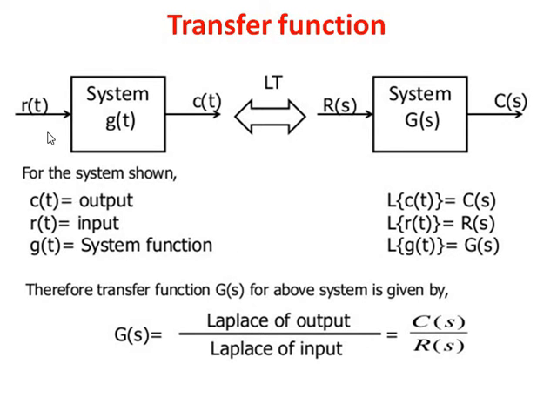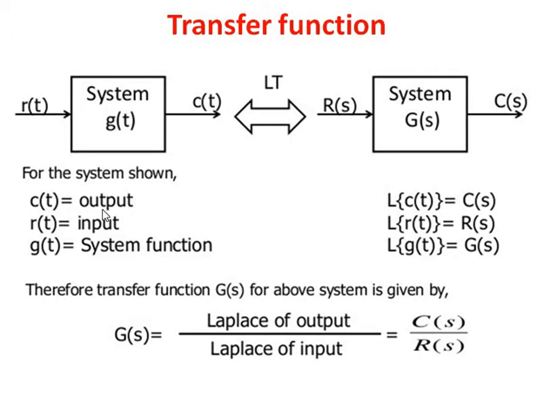Here consider a system whose transfer function is g(t), the output is c(t), and the input is r(t). If we transform these time domain systems into the Laplace transform S domain, the output c(t) becomes C(s), the input r(t) becomes R(s), and the system's transfer function g(t) becomes G(s).